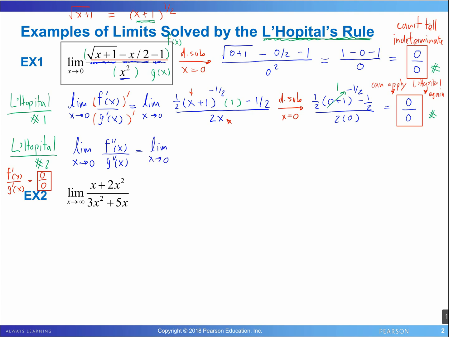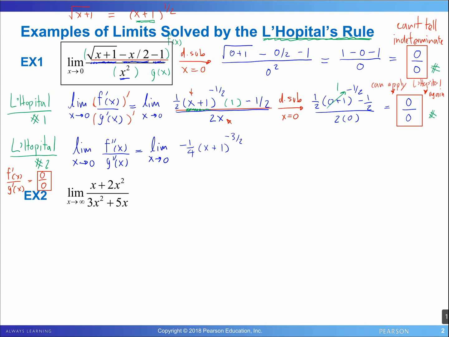And now we need to diff these terms. So let's start with this one. Let's diff this. The power is going to come down, so we have 1 over 2 times minus 1 over 2. So we have minus 1 over 4. The inside stays the same, x plus 1, and the power decreases by 1. So we have minus 3 over 2.